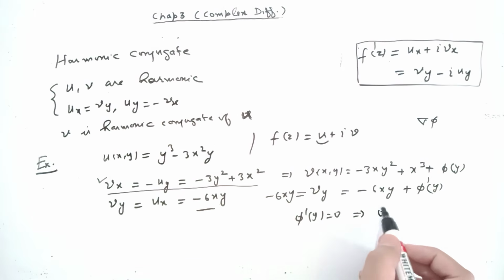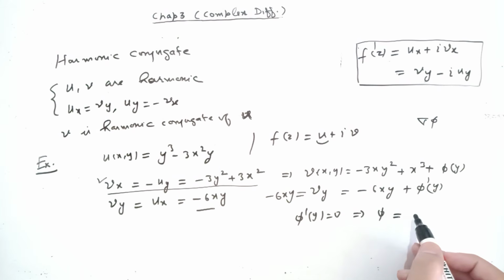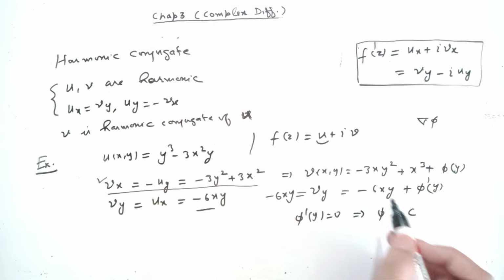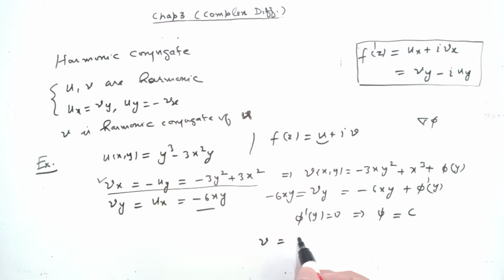This can be 0 if phi is a constant, say c, some constant. So finally what is v? v is minus 3xy square plus x cube plus this constant c. So this is harmonic conjugate of u. Okay, so it's simple calculation that you can practice in some problems.